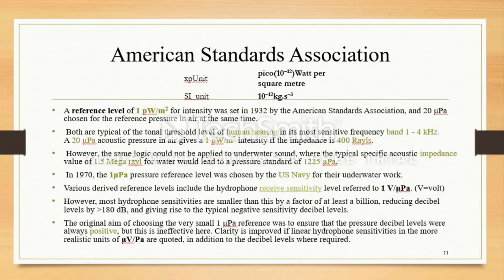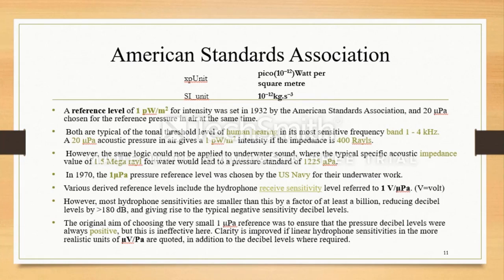In 1970, the 1 micropascal pressure reference level was chosen by the US Navy for their underwater work. Other various derived reference levels include the hydrophone receive sensitivity level referred to 1 volt per micropascal for the sensitivity of the hydrophones.